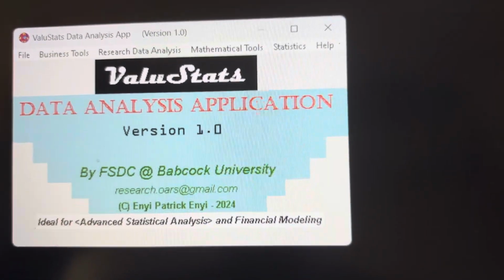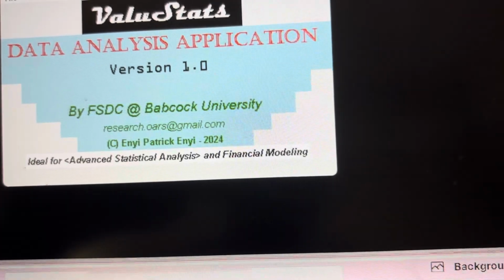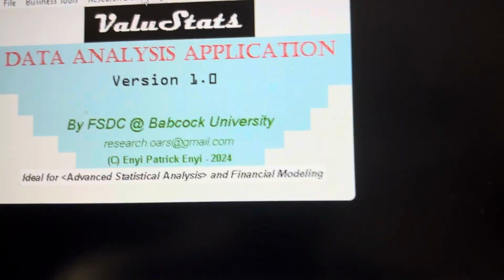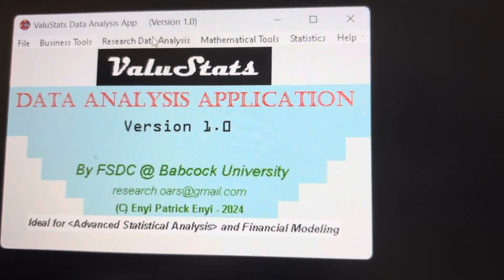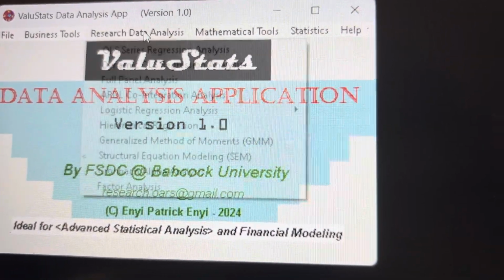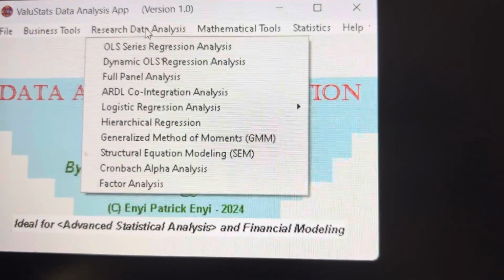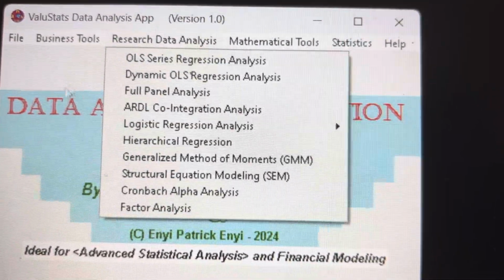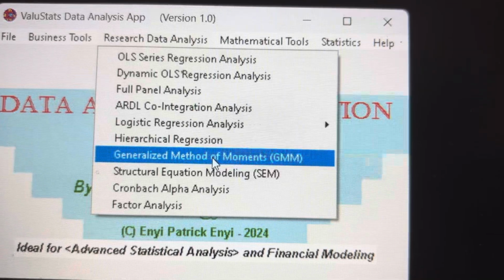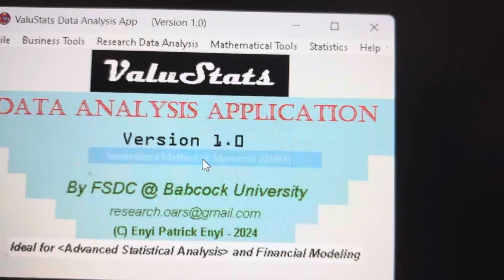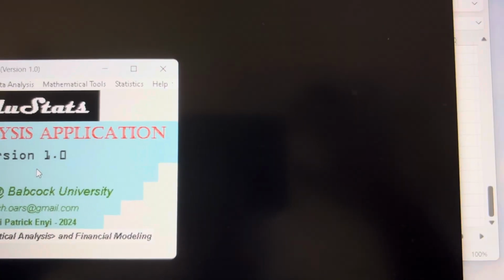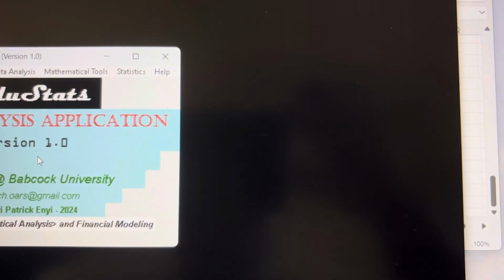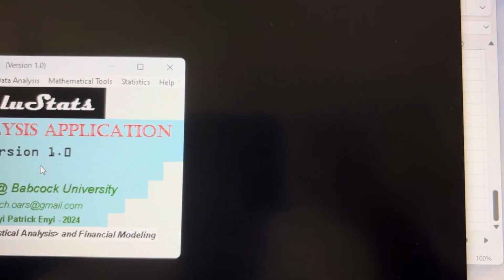Now we go to the data analysis menu, and then we call up the GMM, which is the Generalized Method of Moments. We call it up and wait for the definition form to come out.